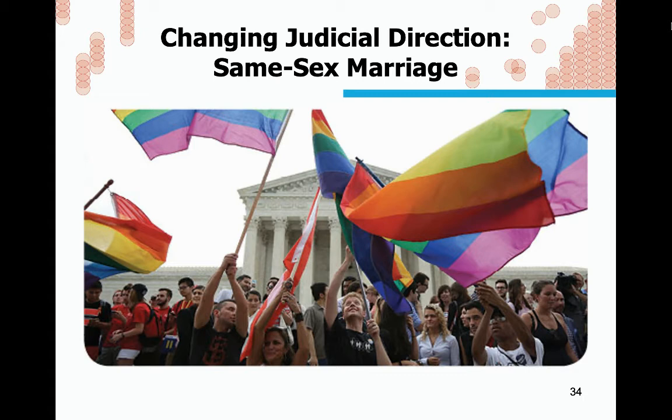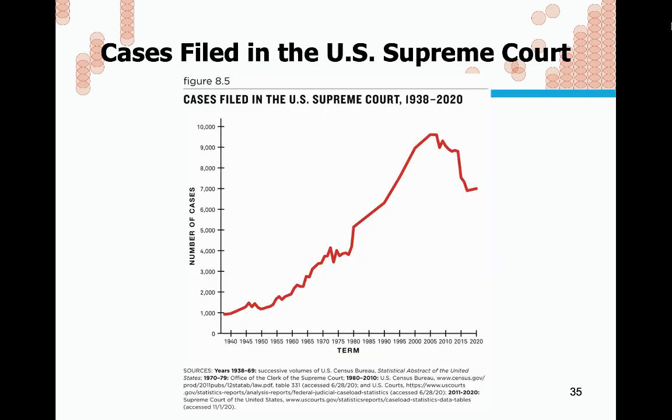As far back as the 1970s, the Supreme Court basically declared same-sex marriage unconstitutional, and by 2015 that was completely reversed. It was a long drawn-out process, don't get me wrong. There's still more to do. There's a road ahead, but the Supreme Court has definitely changed gears on certain issues over recent decades.